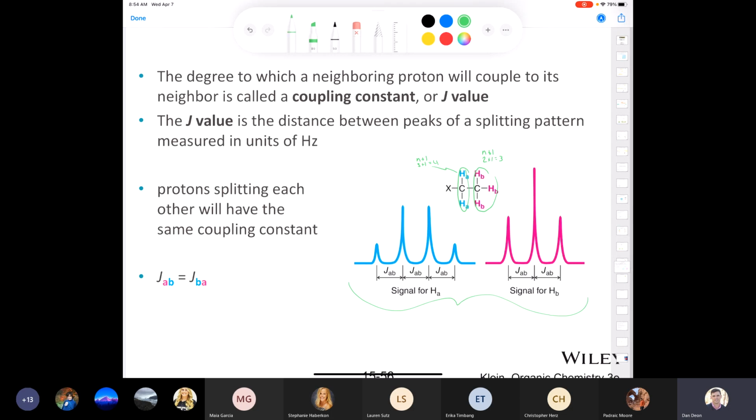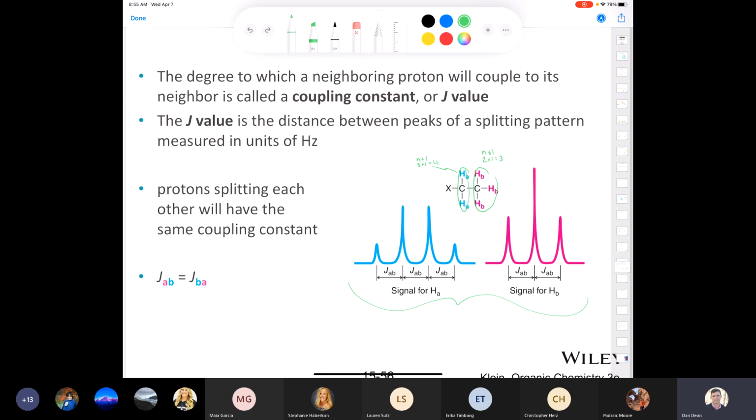The answer is, we know that they are splitting each other by looking at the difference, or the distance, between the peaks. You measure the distance here, it's measured in hertz, and then you do the same thing over here. If the distances are all the same, then they're splitting each other.